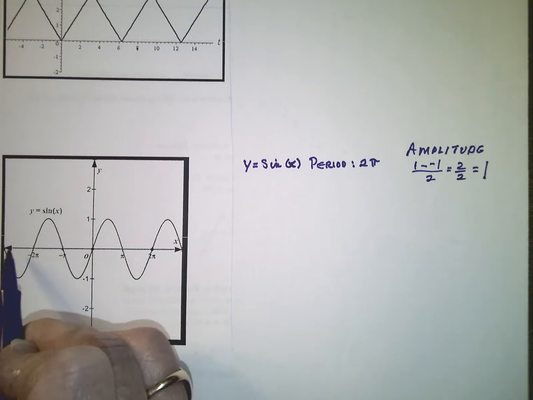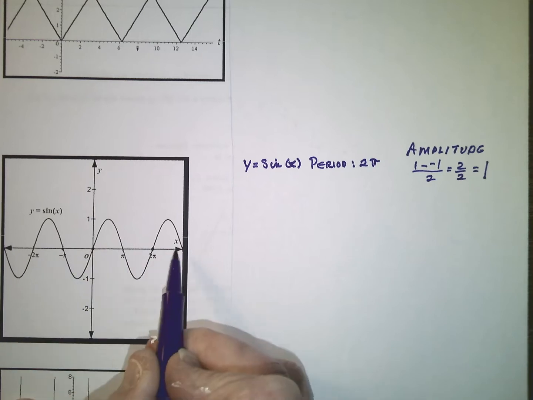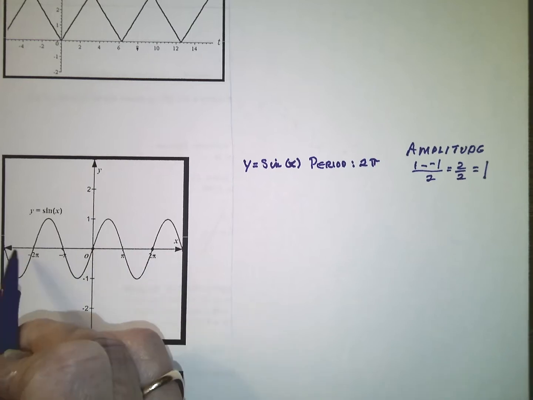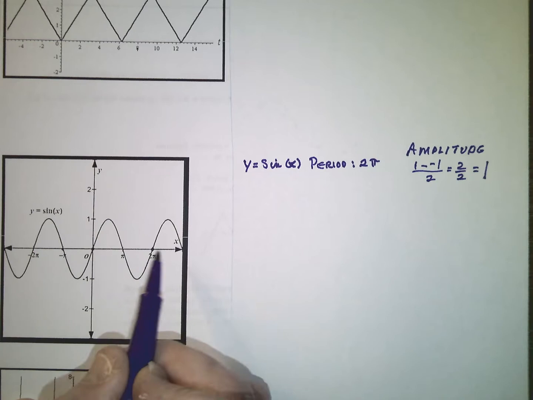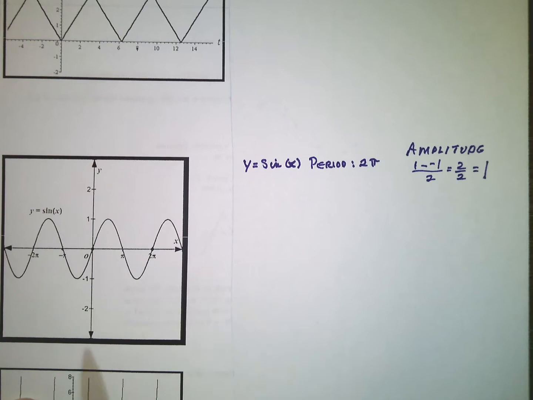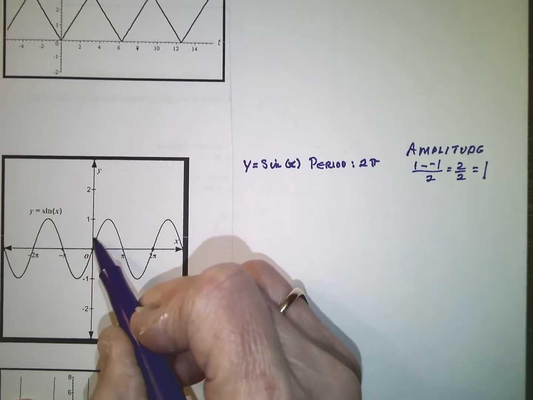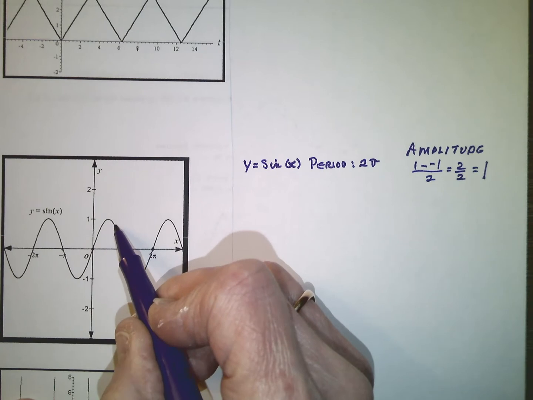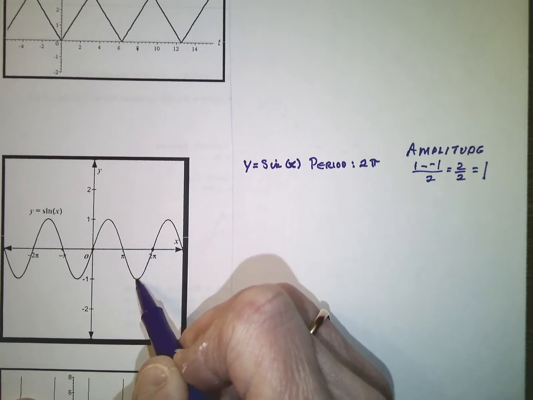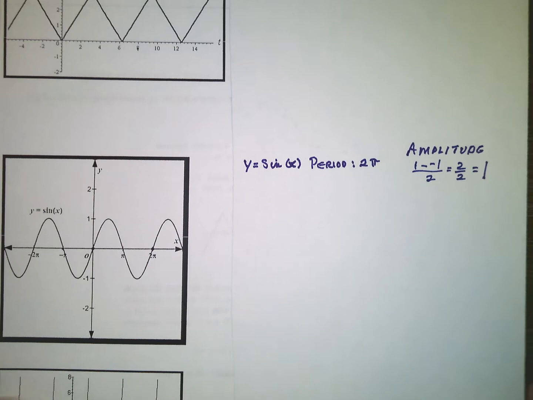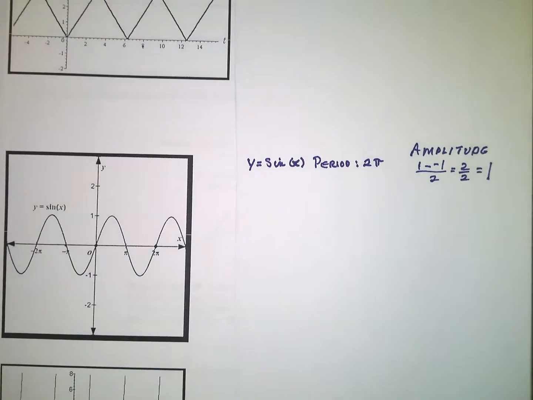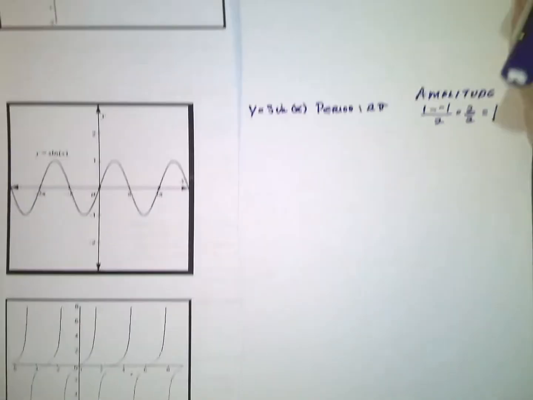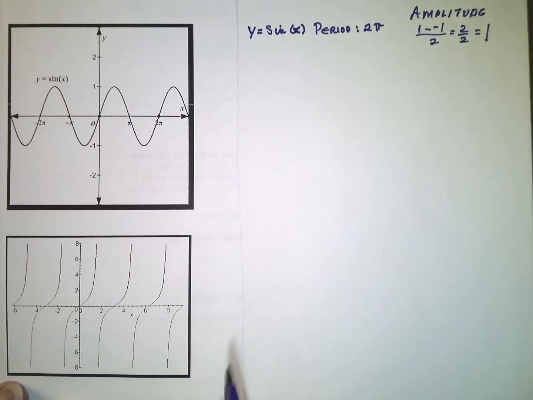Well, this one already comes with a center line, or a midline, or the axis of the wave. And that's definitely going one space above that axis, one space below that axis. Amplitude is indeed 1.